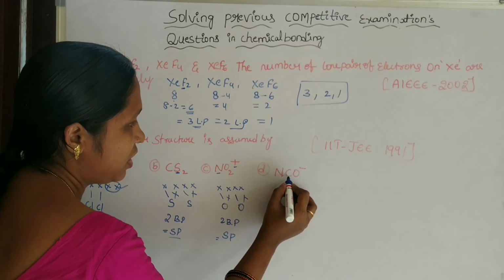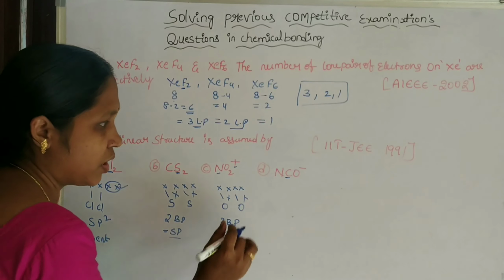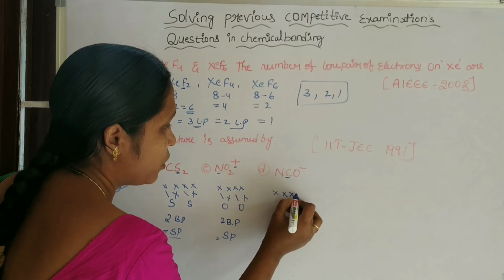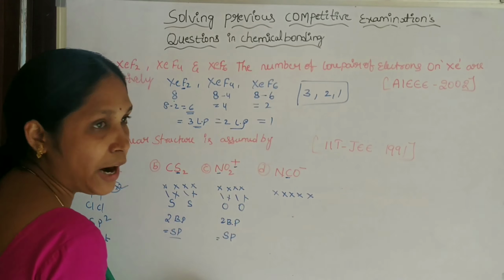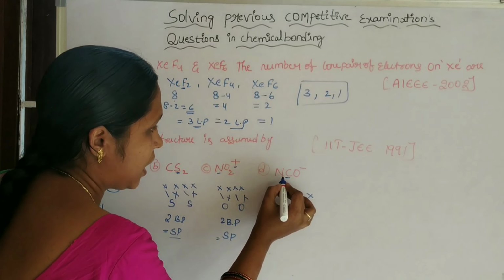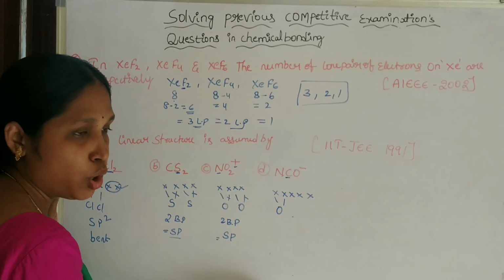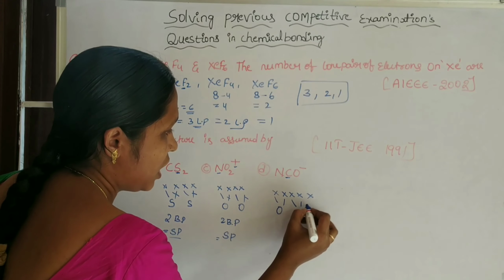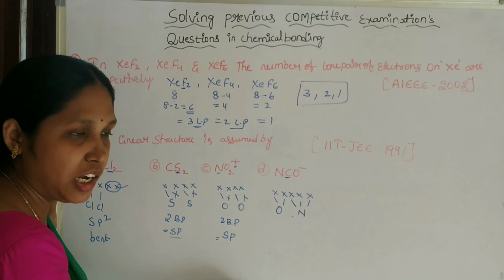And next, NCO minus. Here carbon is the central atom. Carbon belongs to group 4, so take 4 electrons, and the whole molecule carries 1 unit negative charge, so add 1 more electron. It is surrounded by nitrogen and oxygen. Oxygen has valency 2, so it combines with 2 electrons, and nitrogen has valency 3, so it combines with 3 electrons.